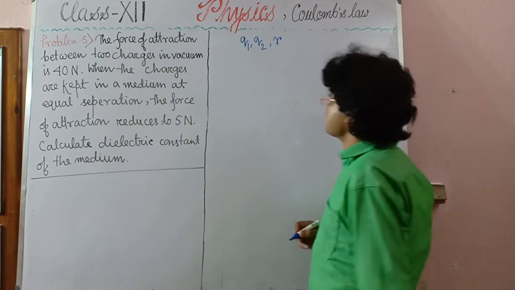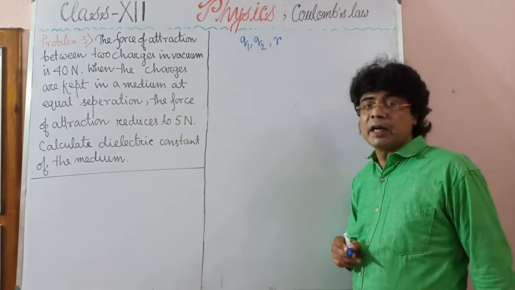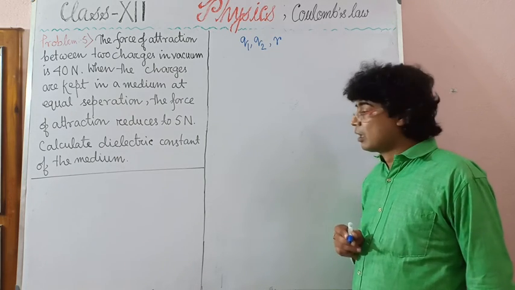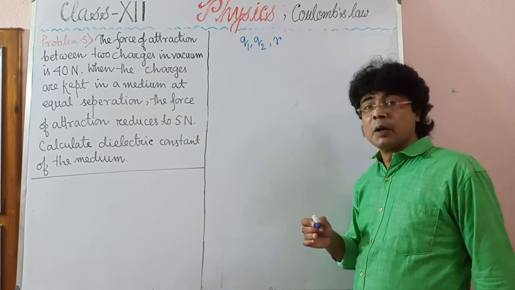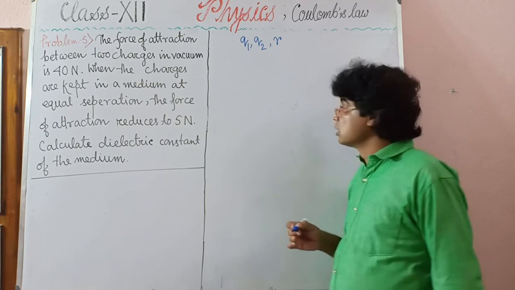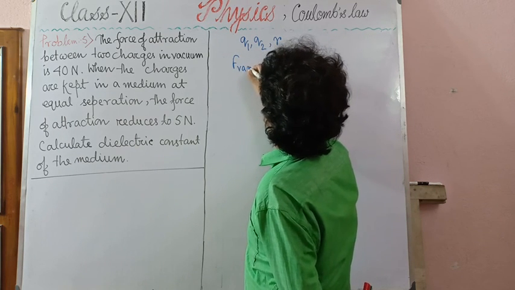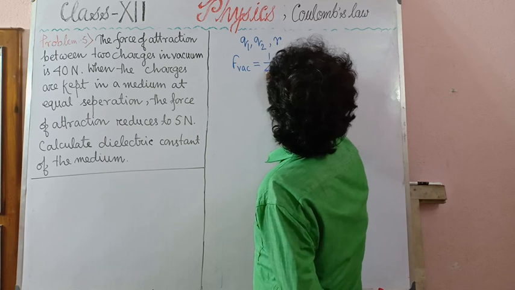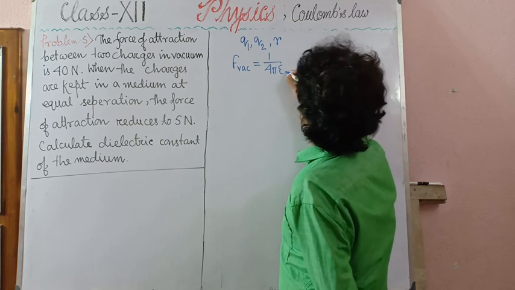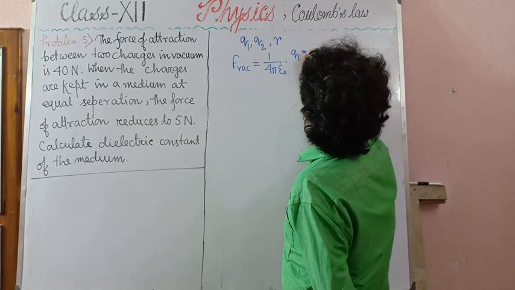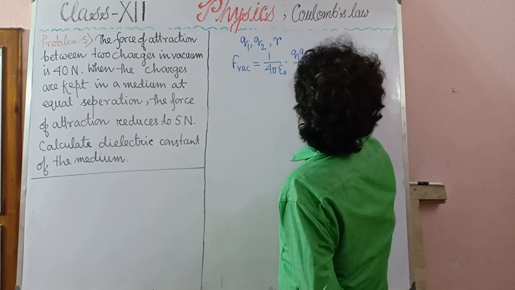When the charges are situated in vacuum, then electrostatic force of attraction is written as F vacuum equals 1 by 4 pi epsilon 0 Q1 Q2 by R square.